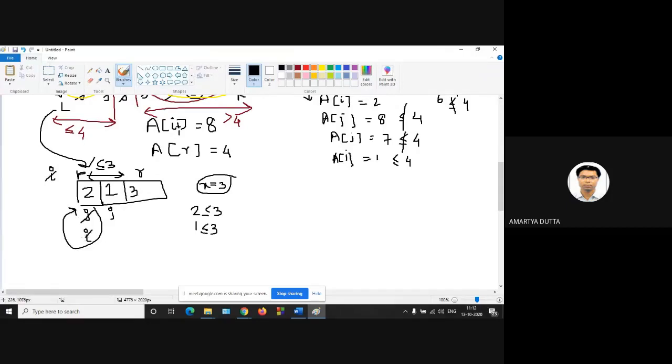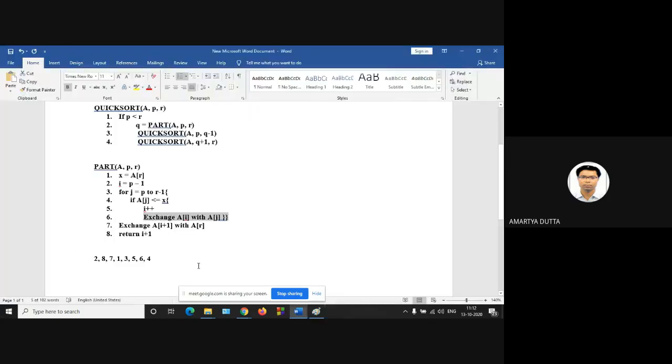So 1 is exchanged with itself. Now this position is your R minus 1 in this subproblem. So J stops here. Now lines 3 to 6 are completed.